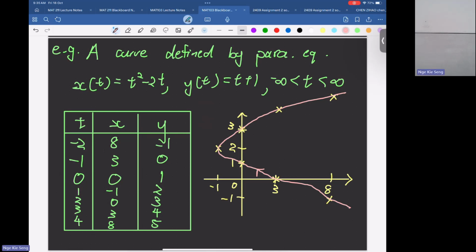This is not a coincidence, because x is what? t squared minus 2t. So this is a quadratic equation or quadratic function, which has a root. A quadratic function is symmetric.